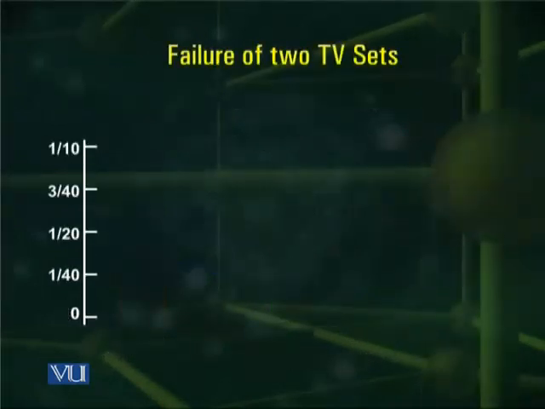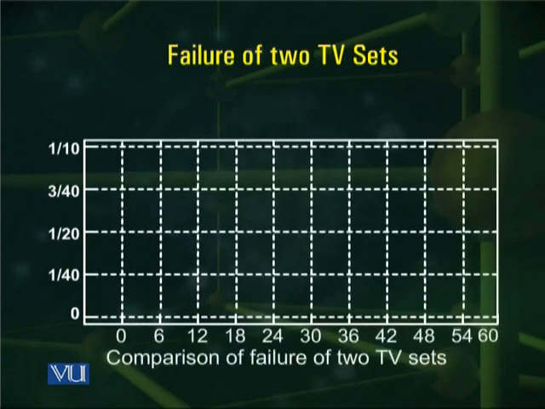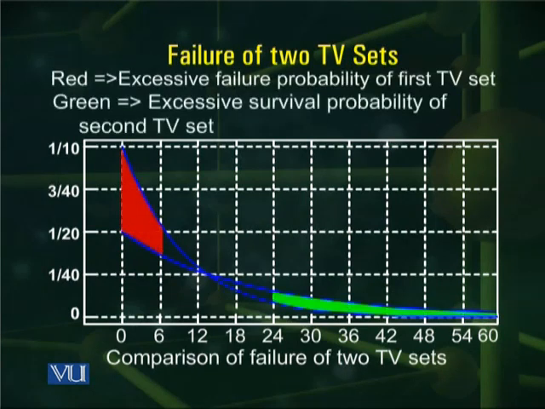If you look at the two probability density functions plotted on the same axis, you will see that one lies above the other for one range, and then they switch positions. But we are interested in those two events: that the television is going to fail during the first 6 months, or that it is going to survive the initial 2 years of deployment and fail after that.